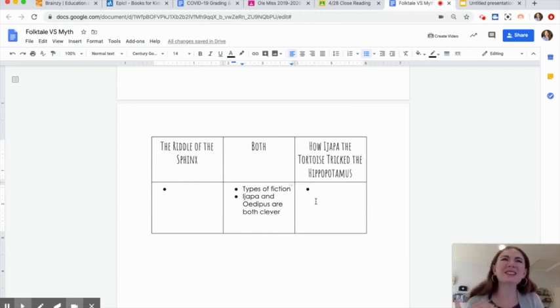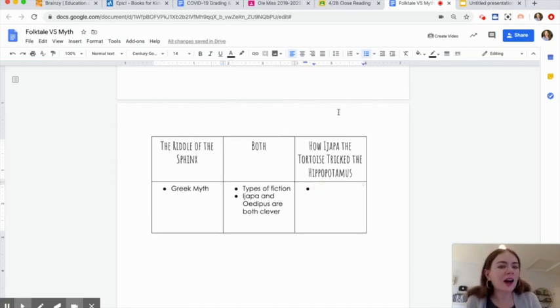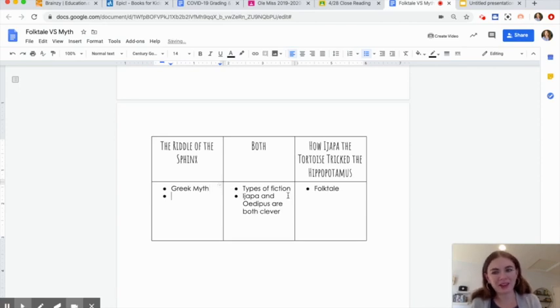So I'm going to think about this genre thing again. I know that the riddle of the Sphinx is a Greek myth, which is a type of fiction. But I know that how Ajapa the tortoise tricked the hippopotamus is a folktale. I also noticed that in the stories the Sphinx has a much worse consequence at the end than the hippopotamus does.